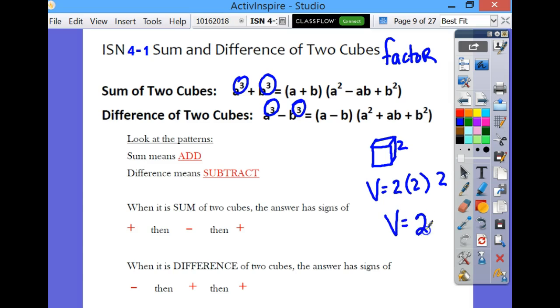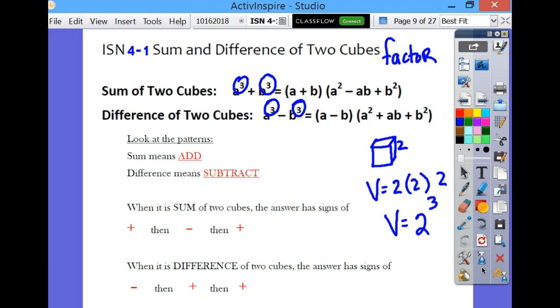The volume would be 2 to the 3rd power. That's the tie-in with the word cube. The volume of a cube is the side to the 3rd power, so anything raised to the 3rd power is called a cube.